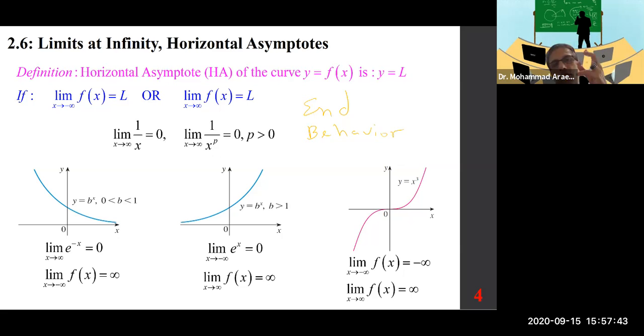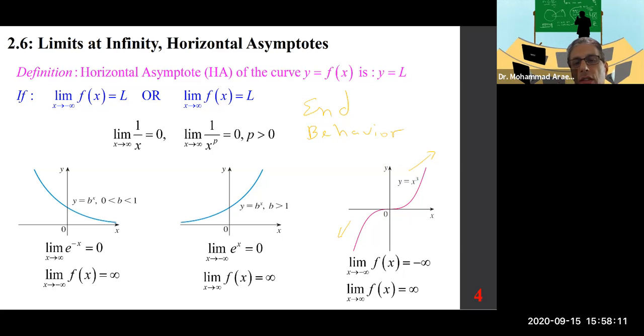For example, if you have a quadratic function, the end behavior gives you the first and the second quadrant, if you have anything with an even exponent as the leading term. On the other hand, if it's a leading term that has an odd exponent, such as x cubed, the end behavior is the first and the third quadrant.